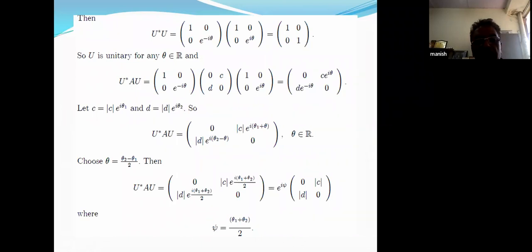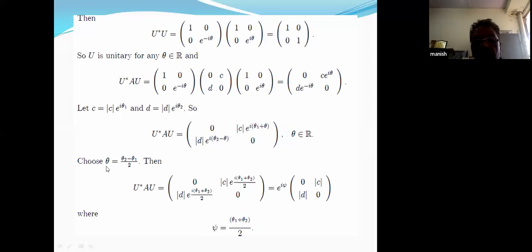Then we calculate U star U, which comes out to be the 2 by 2 identity matrix. And then take U star A U. Calculate this; it comes out to be this matrix. Now C and D are complex, so we can write C equal to mod C exponential iota theta 1, and D equal to mod D exponential iota theta 2. So we have this matrix.